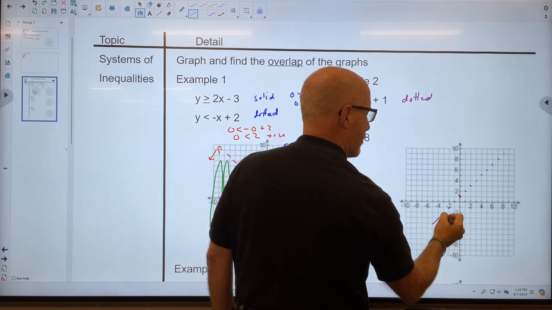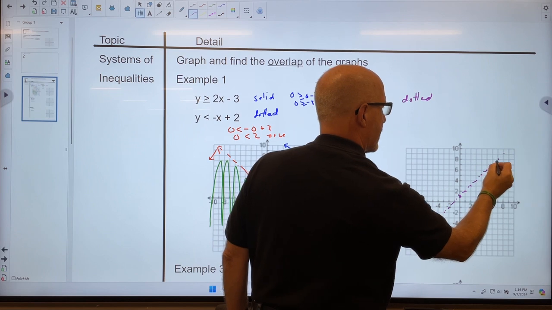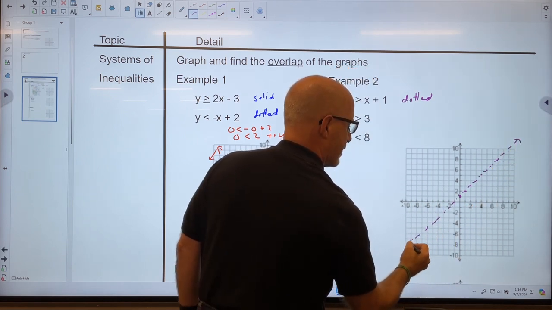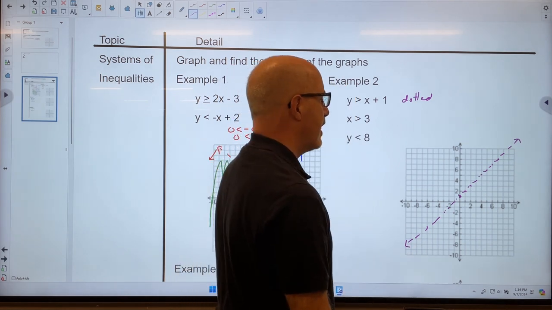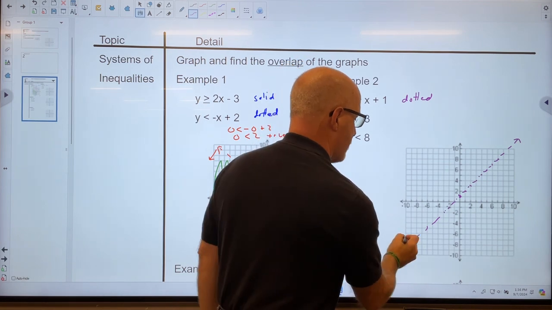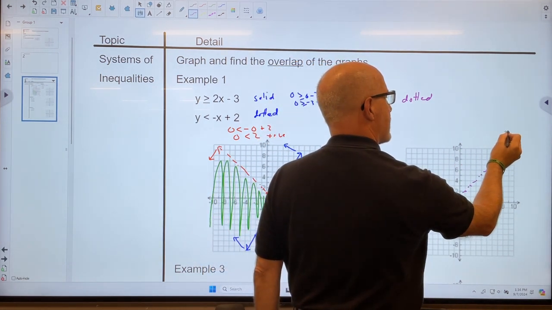And so my graph, just making it dotted, looks like that. Now the hint I just gave, we're going to graph above it, because it's a greater than when it's in slope-intercept form.